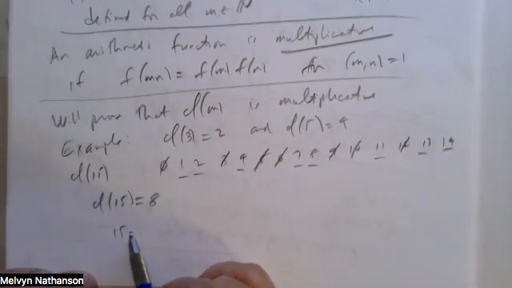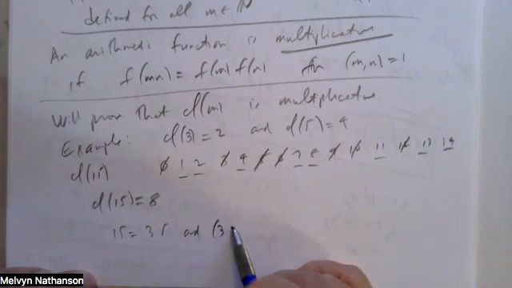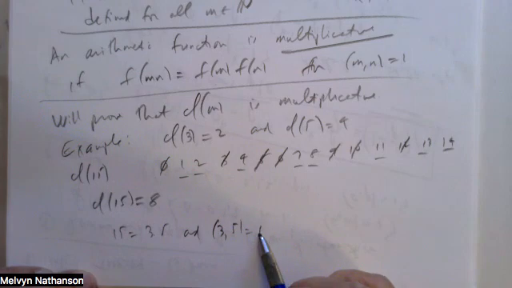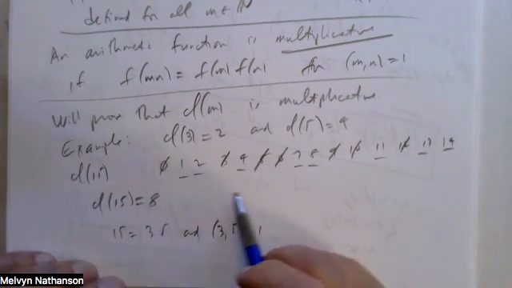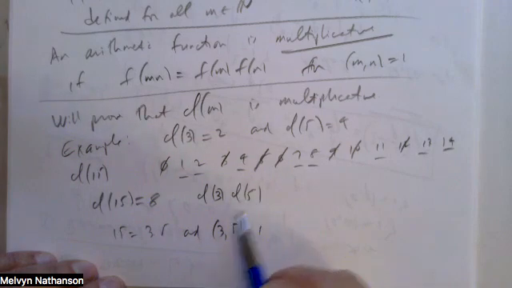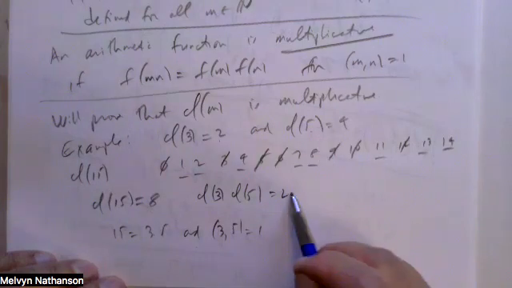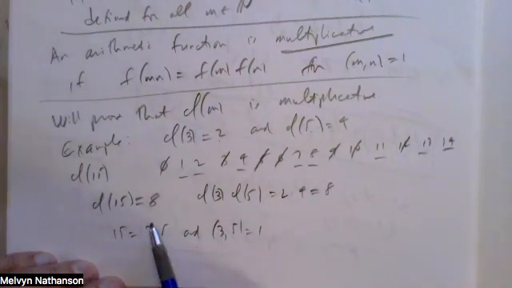But 15 is 3 times 5, and the greatest common divisor of 3 and 5 is 1. And if you take phi of 3 times phi of 5, phi of 3 is 2, phi of 5 is 4, that's 8.